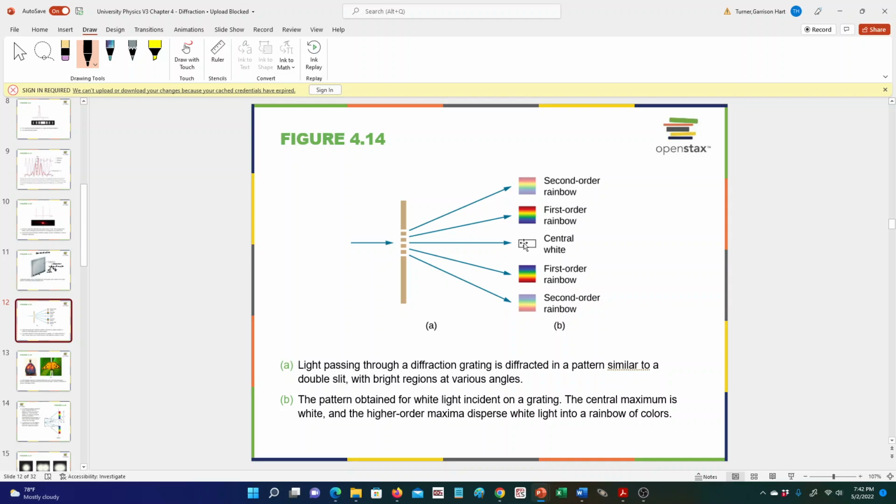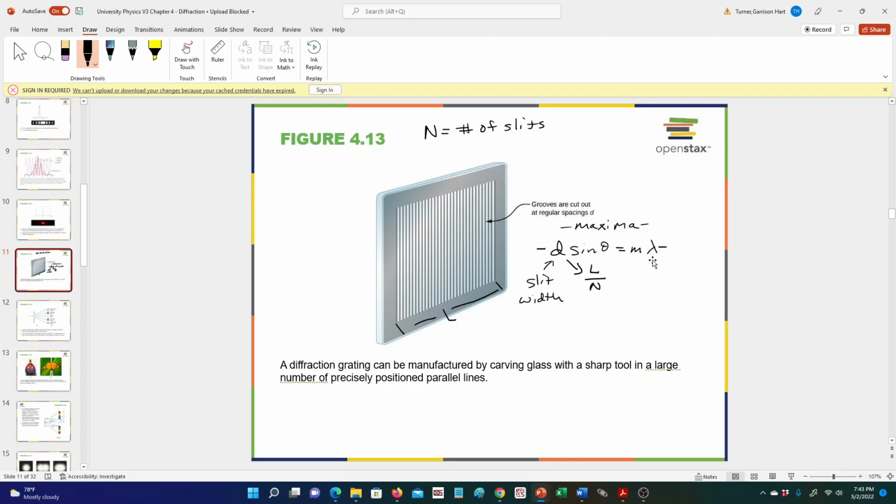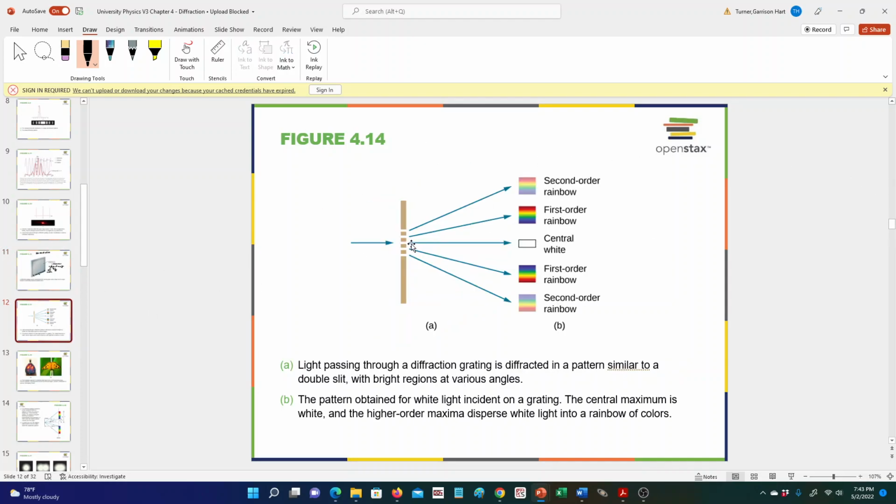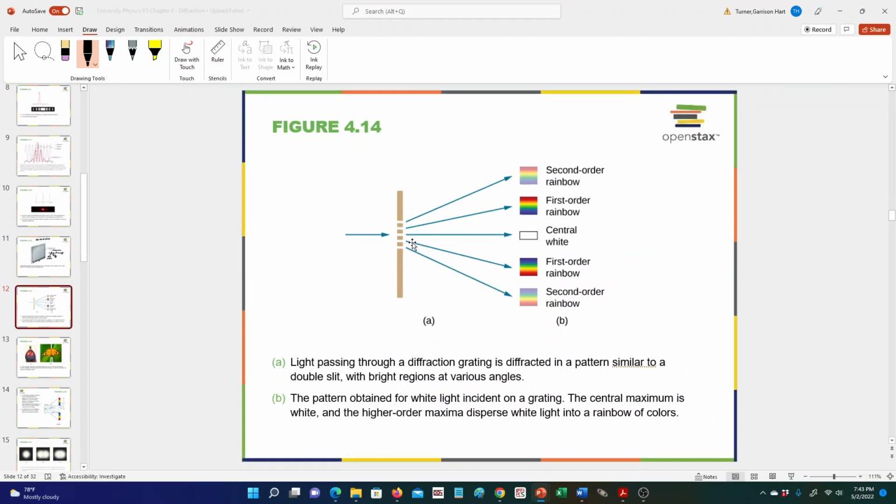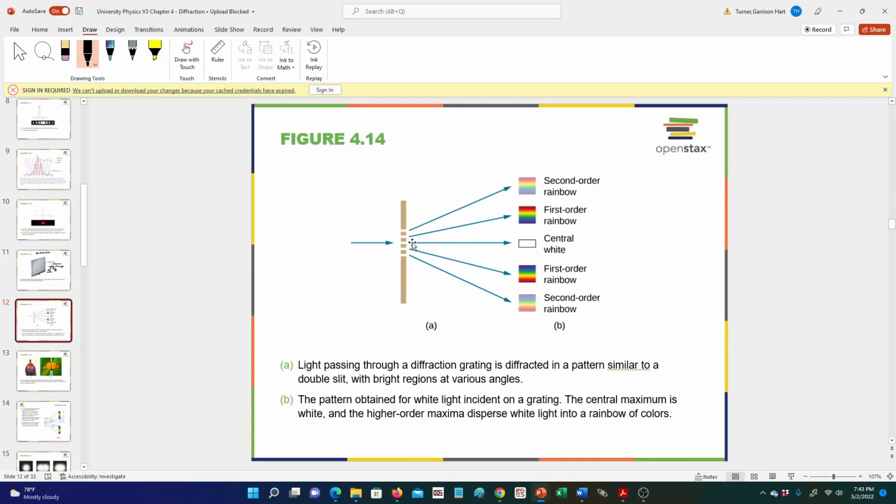But because the spreading out of the light is dependent on the wavelength, each wavelength is going to spread out slightly differently. So what happens is your reds are going to spread out further than your blues, and as a result you see a spectrum. And not only just one spectrum, but you see multiple spectra.